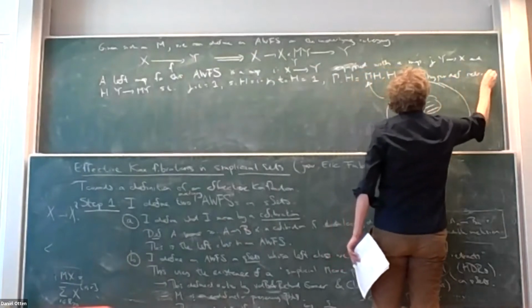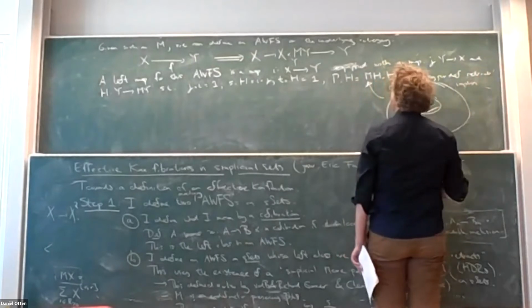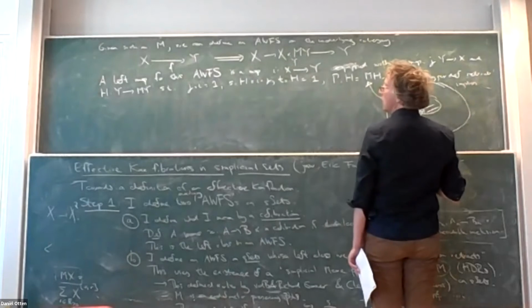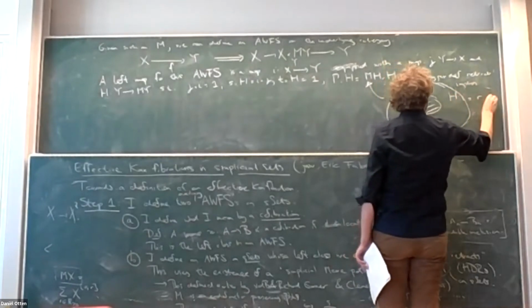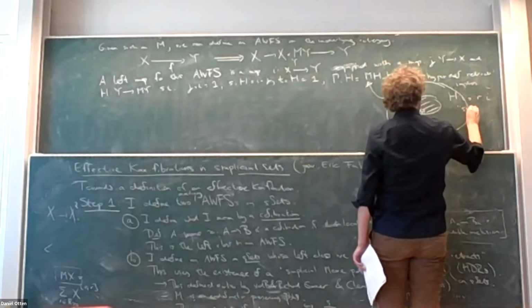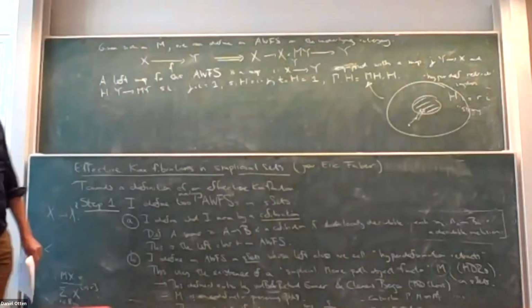So I'm moving clockwise now. And this implies something like R after I equals the identity.